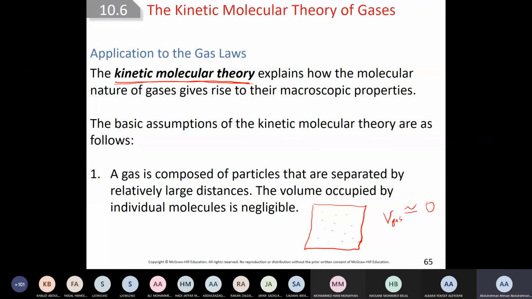This means the gas is not occupying any volume. It's exactly like this. You can see I put small dots whose volume is almost 0. That's why we consider that the volume is the volume of the container and the volume of the gas itself is 0.